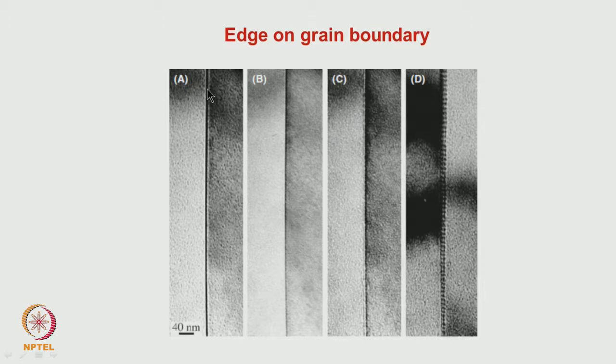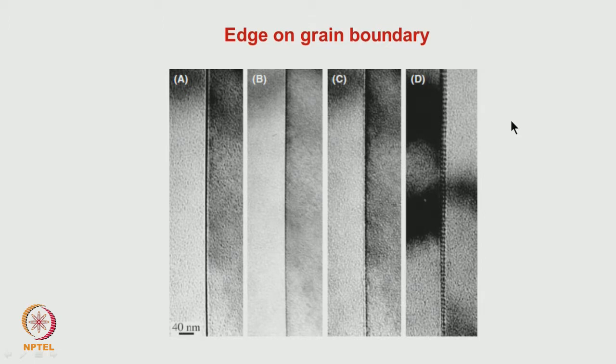This is another case, where a grain boundary itself in a sample has been seen in edge on orientation, and here we can see a bright line and a dark line. This sort of contrast again arises because of the Fresnel fringe contrast.